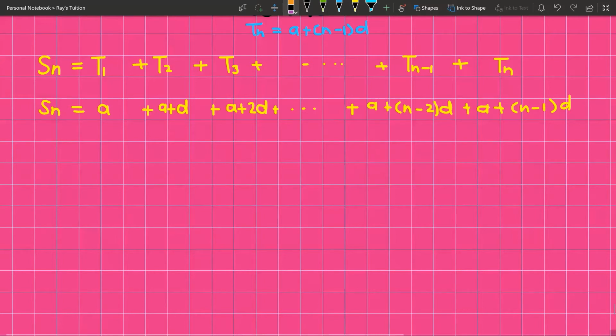Then our next step is to write this exact same pattern backwards. So we have Sn is equal to, and we write the last term first: a plus n minus 1 times d, plus the next, Tn minus 1, a plus n minus 2 times d, plus, and so on until we have a plus d plus a.